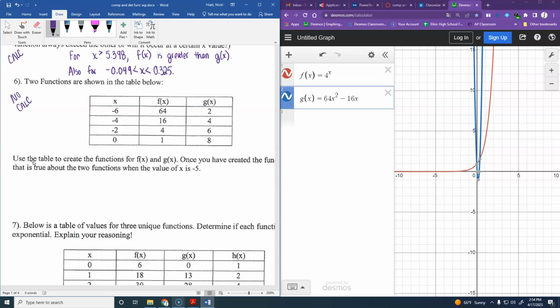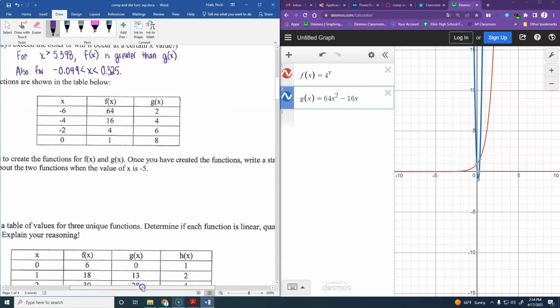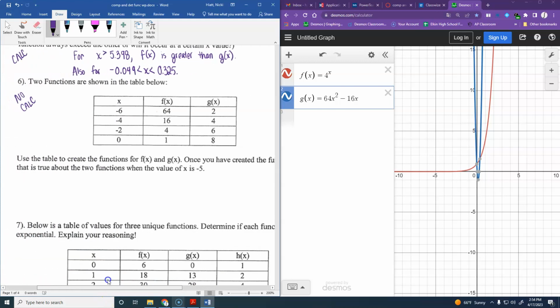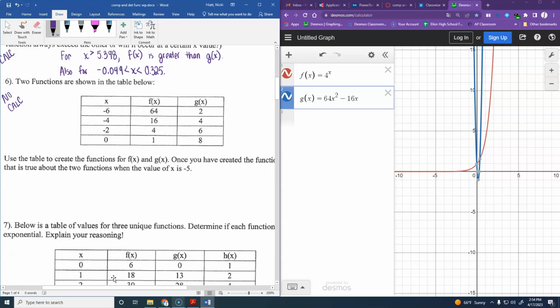Once you have created the functions, we have to write a statement that is true about the two functions when the value of x is negative 5. So we've got to write equations for these two things, right? And we'll talk about a way to do it with a calculator, but first we need to look at how to do it without a calculator.